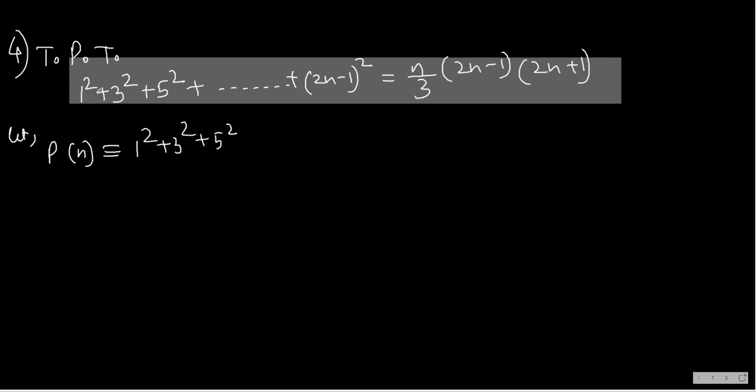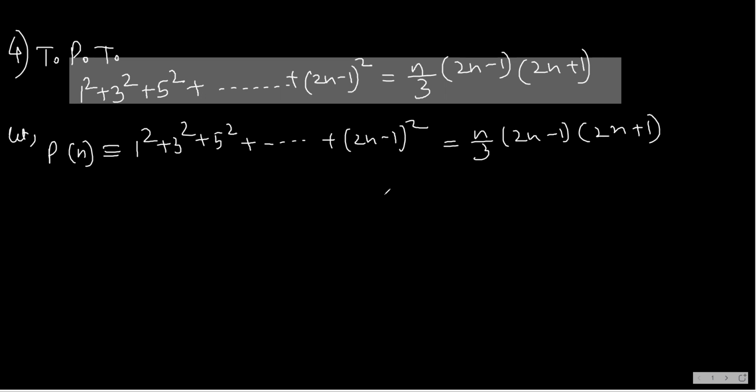So the first thing we will do is take this as proposition P of n. So P of n is 1 square plus 3 square plus 5 square plus dot dot dot plus 2n minus 1 square equals n by 3 into 2n minus 1 into 2n plus 1. We are proving this by principle of mathematical induction.